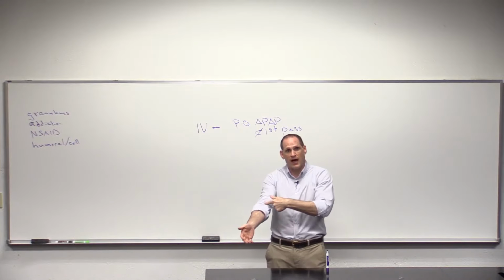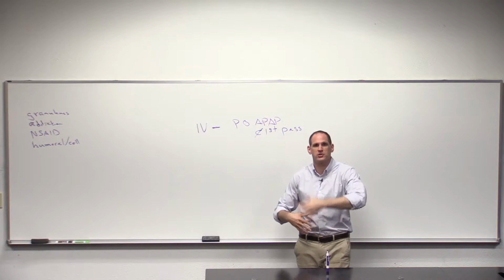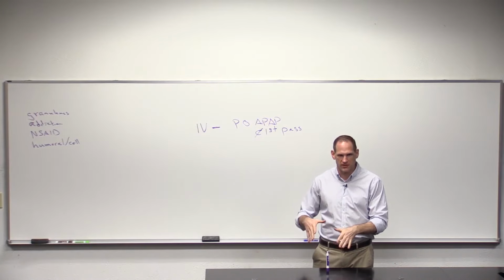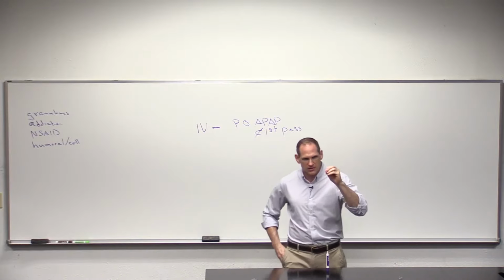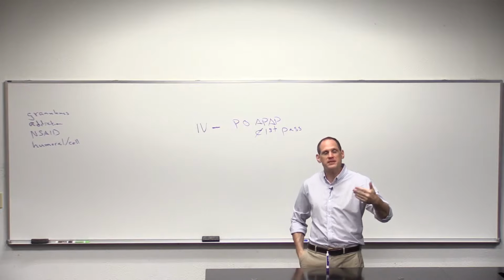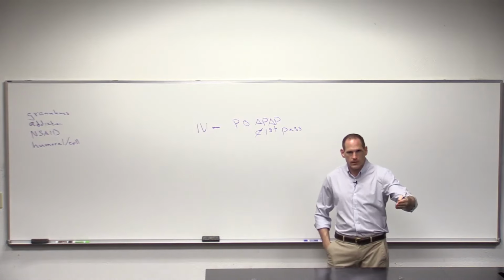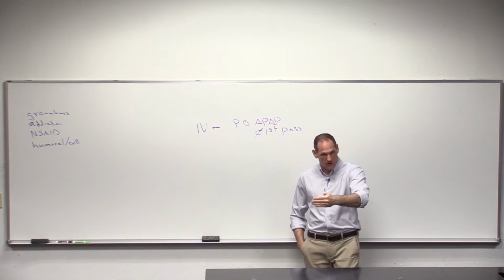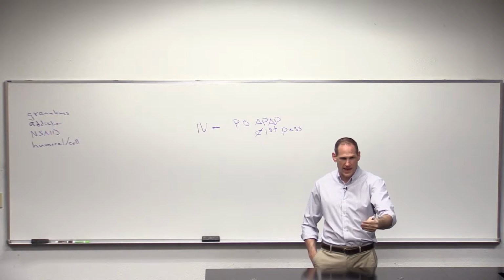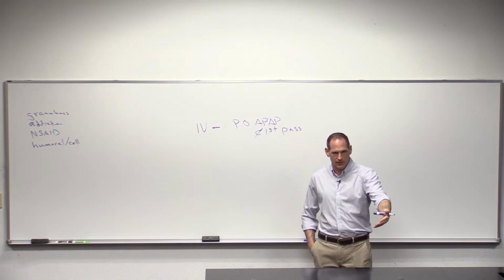When you give it IV, it doesn't have that first pass effect, so it's going to your entire body first, and then little by little is going towards your liver. So you don't get this giant rush into your liver at first. That makes it a little bit safer for your liver than PO. Now, you still have to follow the 4,000 milligram rule. You can't get away from that. But it is a little bit safer for your liver.